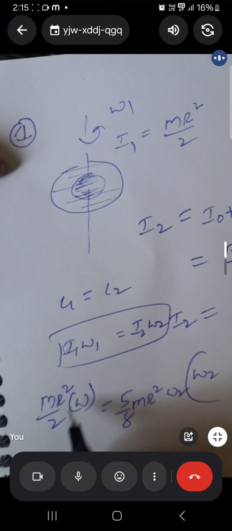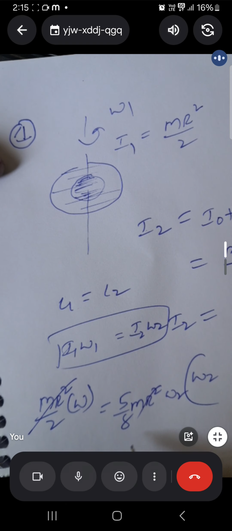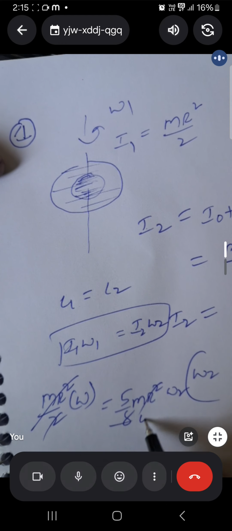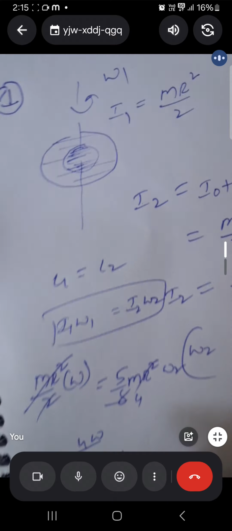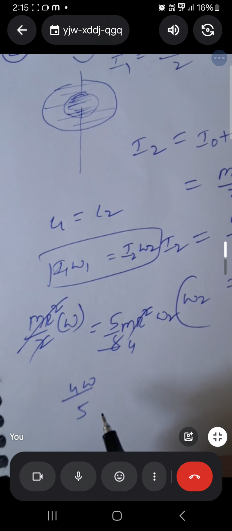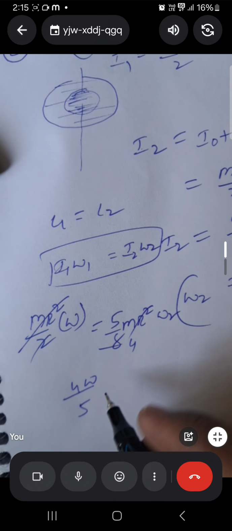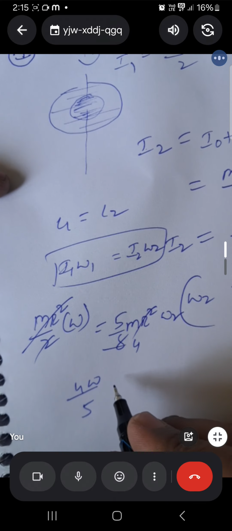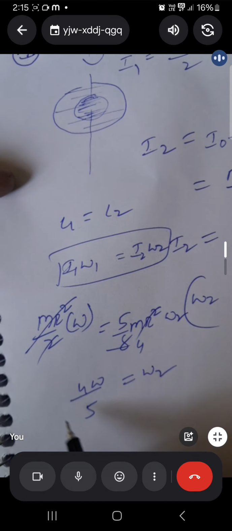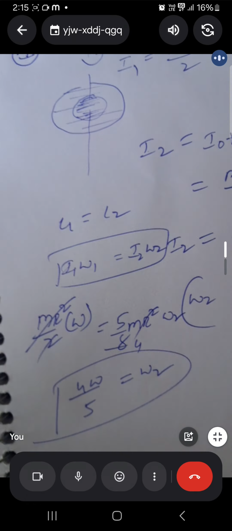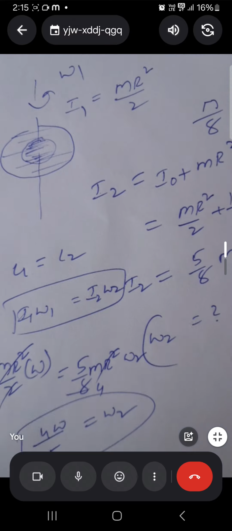M r square cancels. You get omega 2 equal to 4 omega by 5. You understood, right?